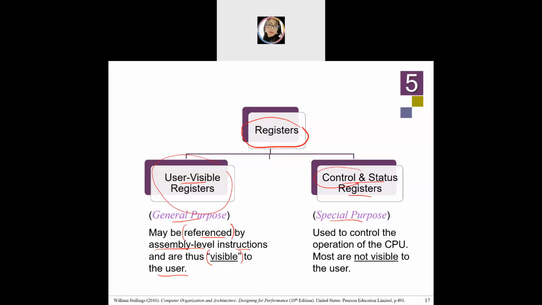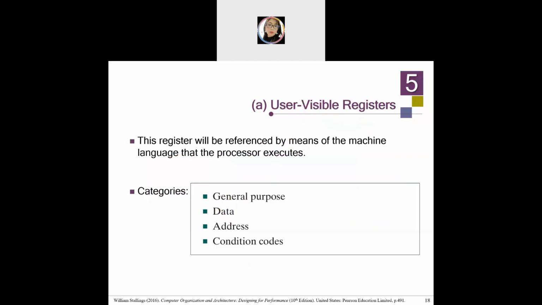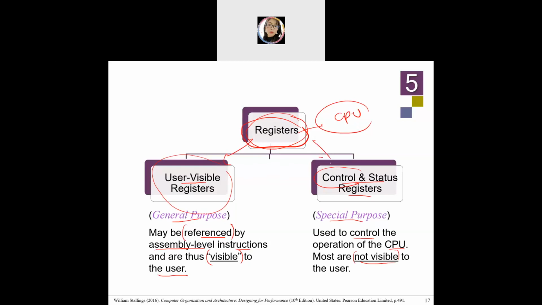You know already, control is going to be used to control the operation of the CPU. Because you know that the register is inside the CPU, so it will control the operation of the CPU. And mostly you're not going to see it because it is not visible to a user. So let's see one by one for these two categories.